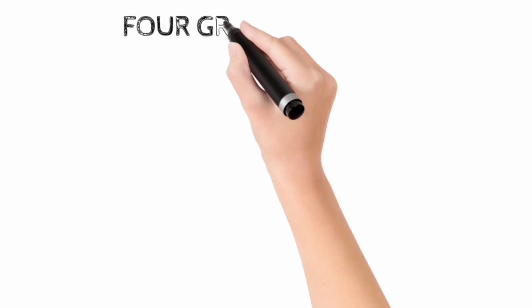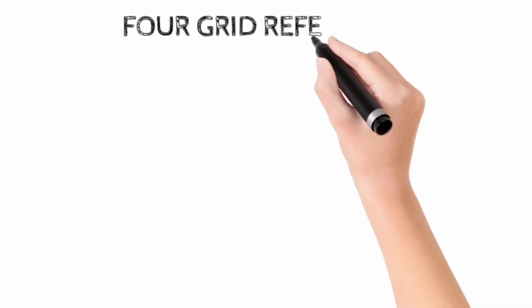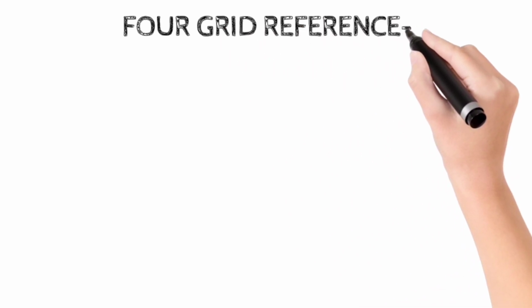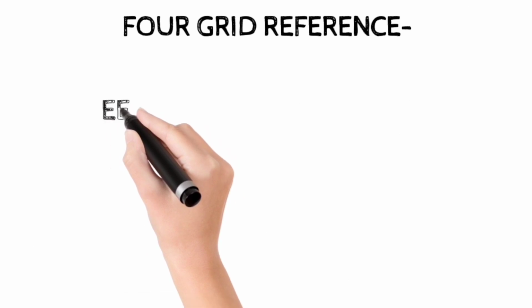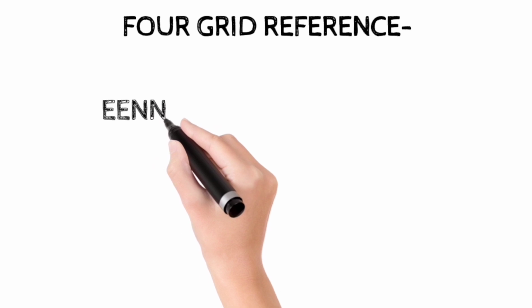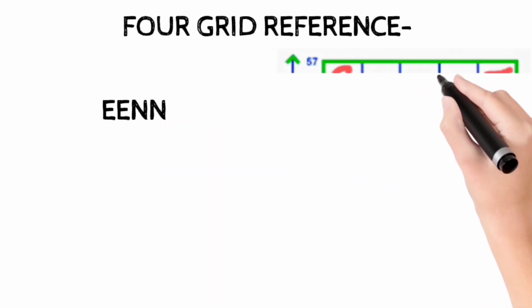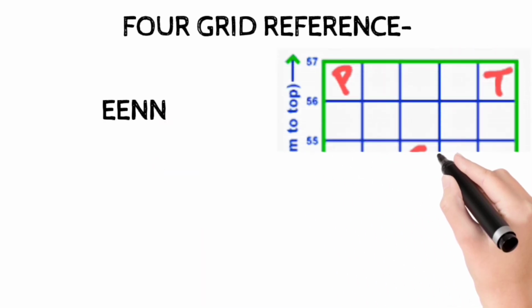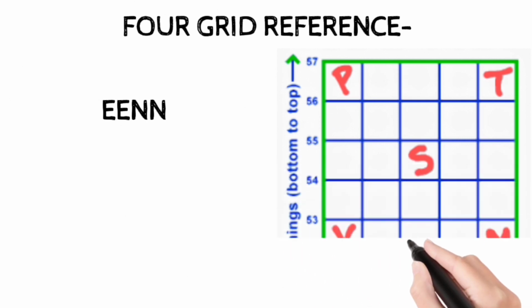Let's know how to get a 4-figure grid reference. A 4-figure grid reference has 4 figures where the first 2 figures are of the easting number and the last 2 are of the northing number. In order to remember, you can remember it as double E and double N.